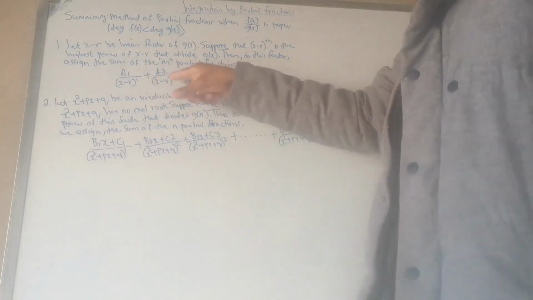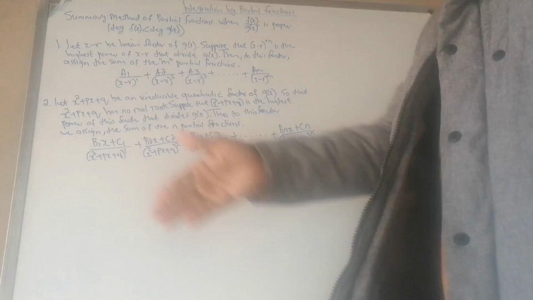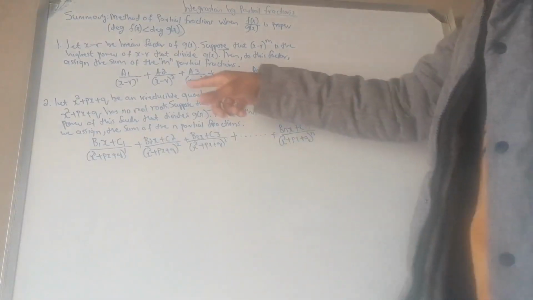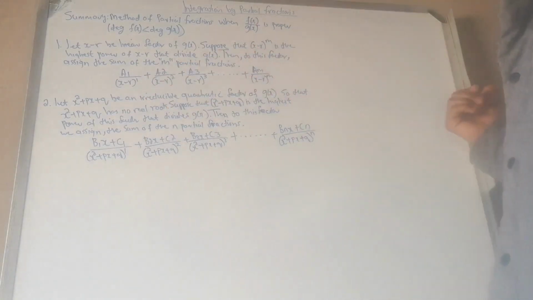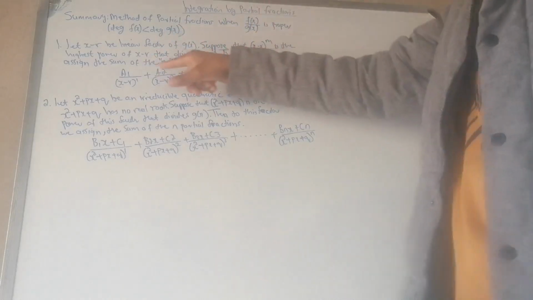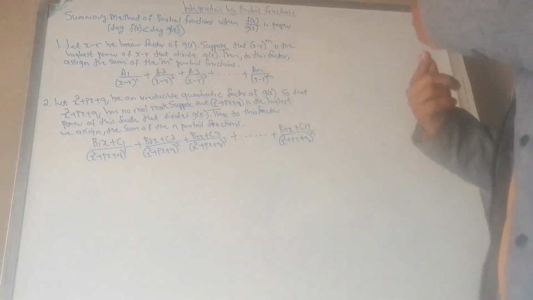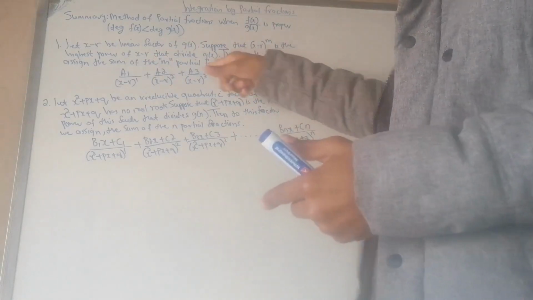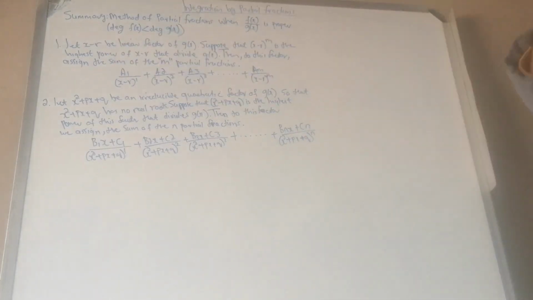But if the exponents were the same, we wouldn't even write this because we could have just solved for 1. But because the exponents are increasing in ascending order, we are using different A1, A2, and A3 for this partial fraction integral problem that we have.